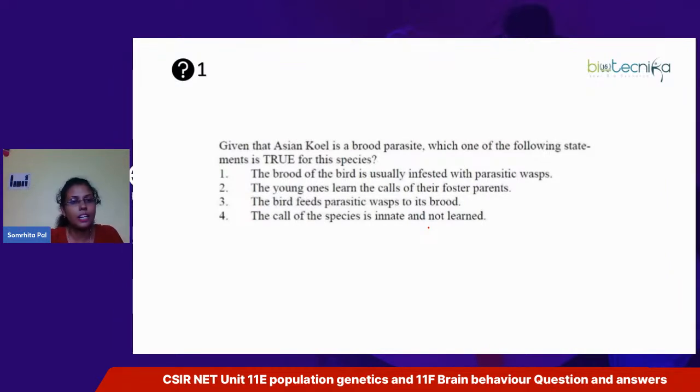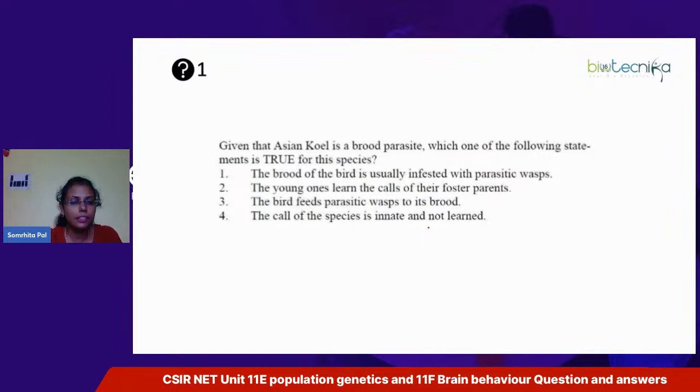Innate and learned behavior are different. Innate is something that is coded within our genes and it comes automatically, whereas learned behavior is something that we learn in our lifetime. In that experiment it has been seen that mainly the song of the birds, the behavior of displaying their feathers.